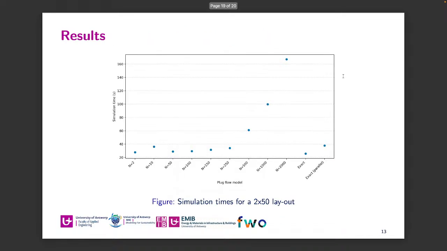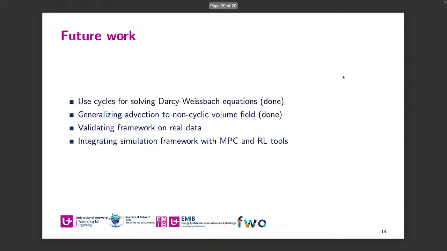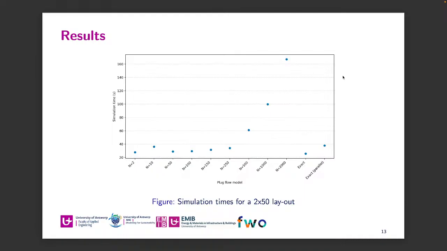And then I have one of the graphs. This is one graph. The other graphs are all in my paper. What you see here is the simulation times for the method. These numbers here are the number of volumes that I took in the regular volume field. As you can see, and as is expected, more volumes means a finer grid, takes a longer time to simulate, and eventually it becomes slower than the irregular methods, which are the 2 at the end.